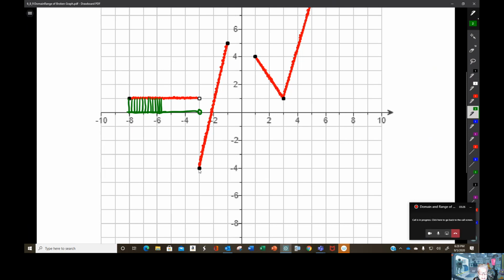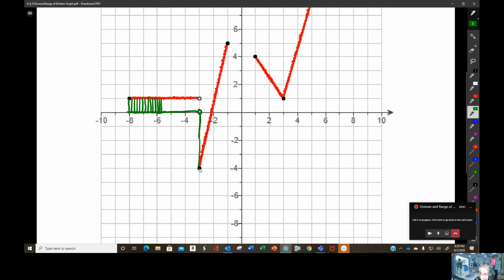Now, this closed dot also matches up with that value on the x-axis, which is -3.